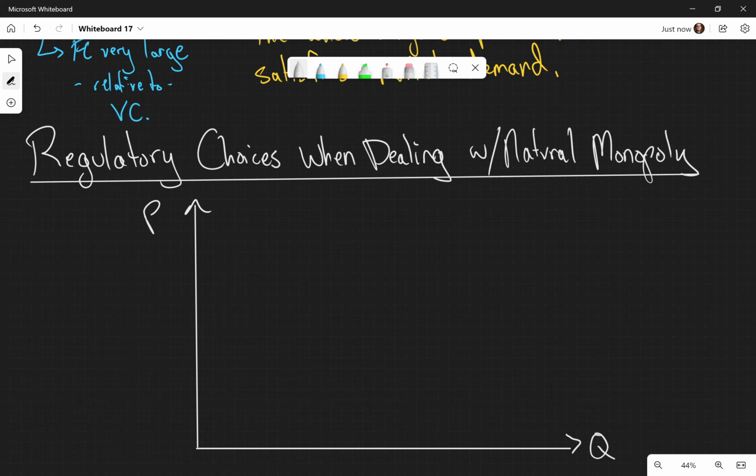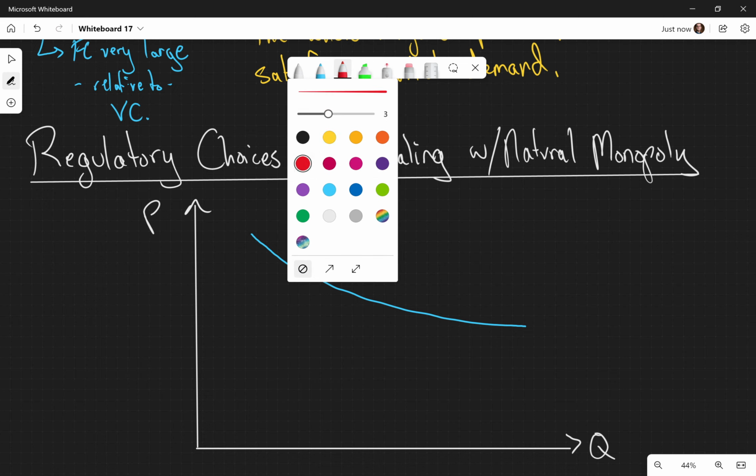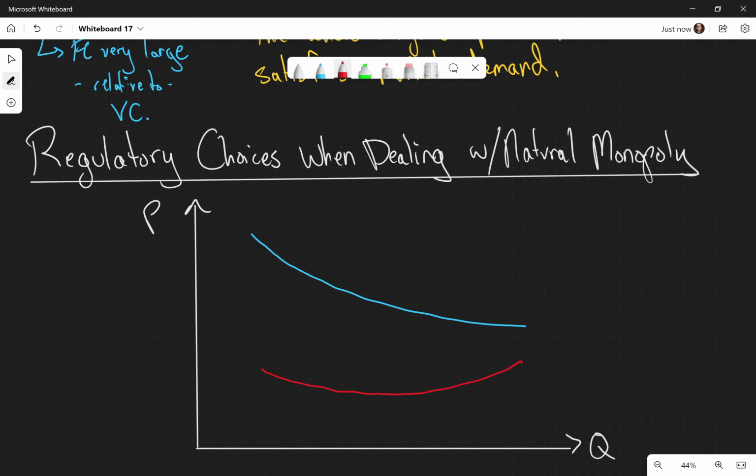So if we have some sort of average cost that's constantly declining, looks something like that. And if the average cost curve is constantly declining, then that means that my marginal cost curve is actually never going to touch it. So my marginal cost curve is going to look something like this.